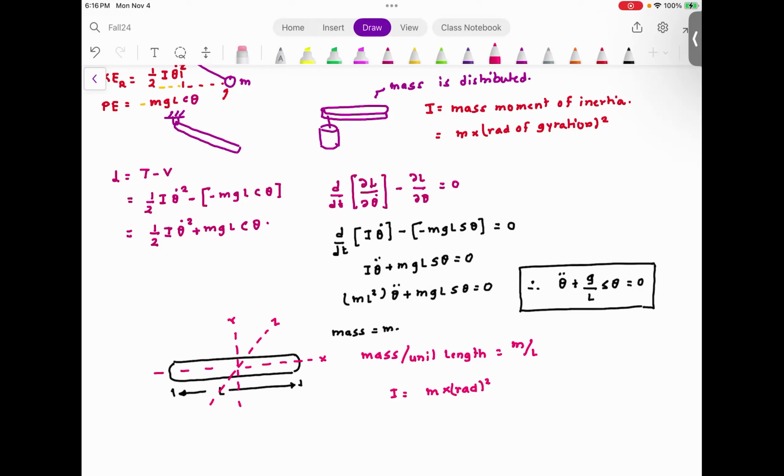Since this is a symmetric rod, I'm going to take the center as my datum. This is going to be L by 2, and this is going to be L by 2.